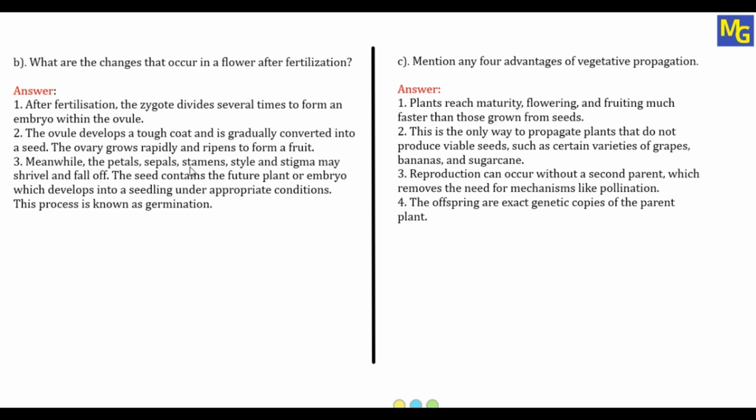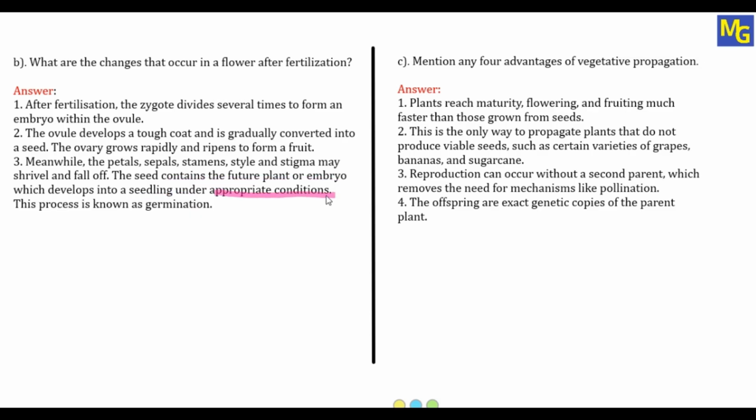The seed contains the future plant or the embryo. So the seed is the main part which is going to give the future plant, one more new individual, which develops into seedlings under appropriate conditions, and this is known as germination.